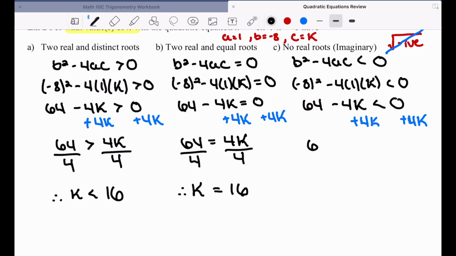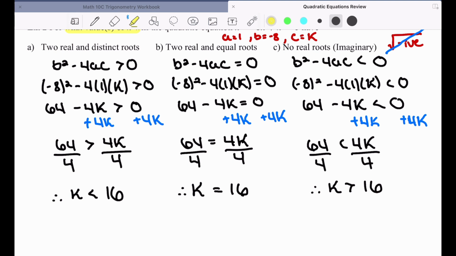I'm going to get 64 is less than 4k. And if I divide by 4 on both sides, I get therefore k is greater than 16 if we want no real roots or imaginary roots. So these would be the solutions here.